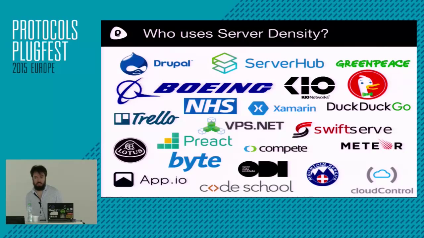Probably you will recognize some brands among these. It's interesting that, in the same way that Sential Cloud targets hosting providers that want to provide an alternative solution to hosted Exchange, Server Density is also working with hosting providers like ServerHub, VPS.net or Bytemark.